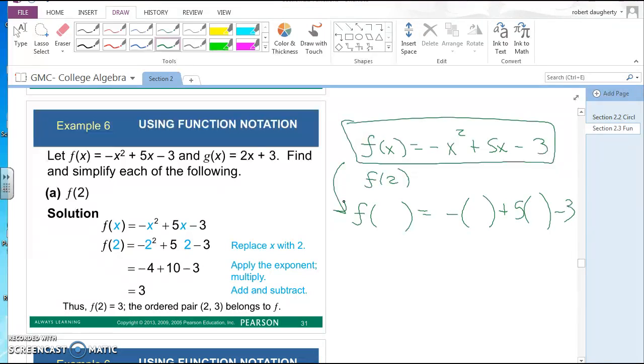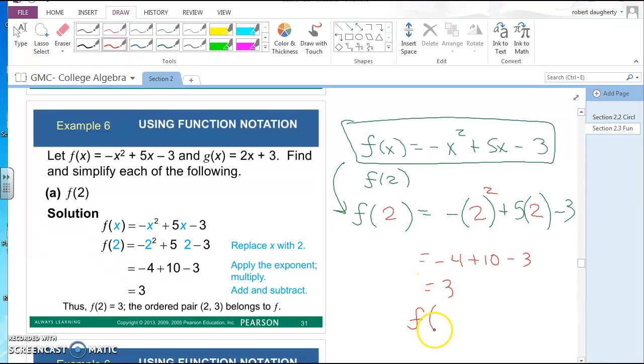Now, in order to find f of 2, you're just plugging 2 into that equation, okay? And typo here, that was a squared, okay? So if I evaluate this, I get negative 4 plus 10 minus 3, which is equal to 3.